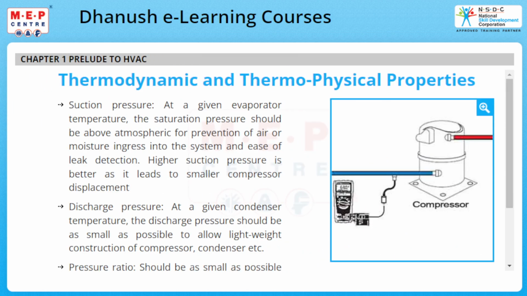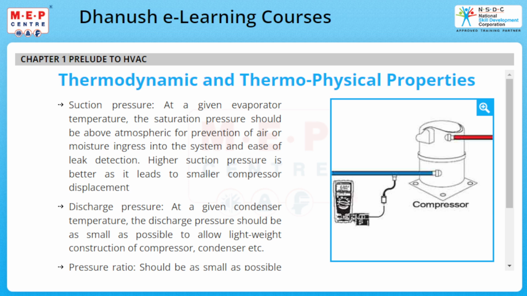Thermodynamic and thermophysical properties: suction pressure. At a given evaporator temperature, the saturation pressure should be above atmospheric for prevention of air or moisture ingress into the system and ease of leak detection. Higher suction pressure is better as it leads to smaller compressor displacement.